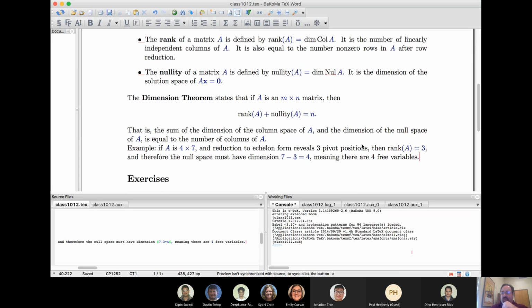Okay, so some of the exercises from this section are about nothing more than just applying the dimension theorem to understand something about either the rank or the dimension of the null space of a given matrix.